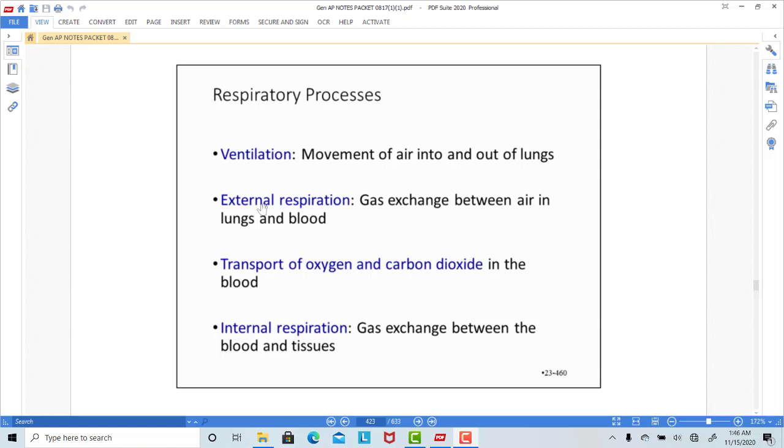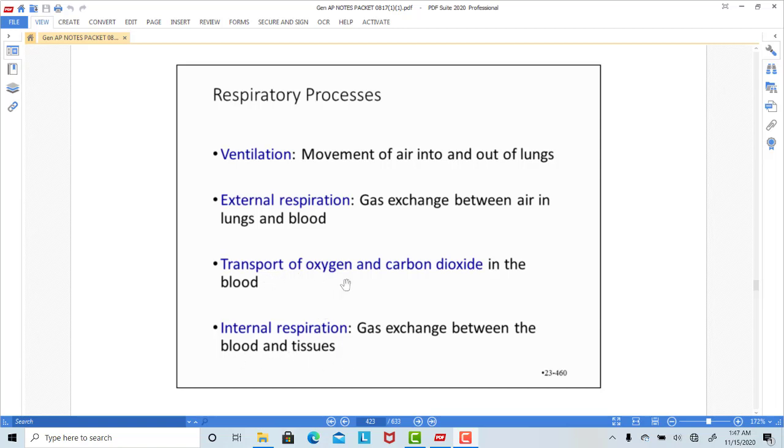So then we also have different types of respiration. External respiration is talking about the exchange of air that occurs at the level of the lungs and the blood. And internal respiration is the gas exchange of oxygen and carbon dioxide that occurs between the blood and the tissues. So once those gases get inside the body, we have this gas exchange occurring between the tissues and the blood.